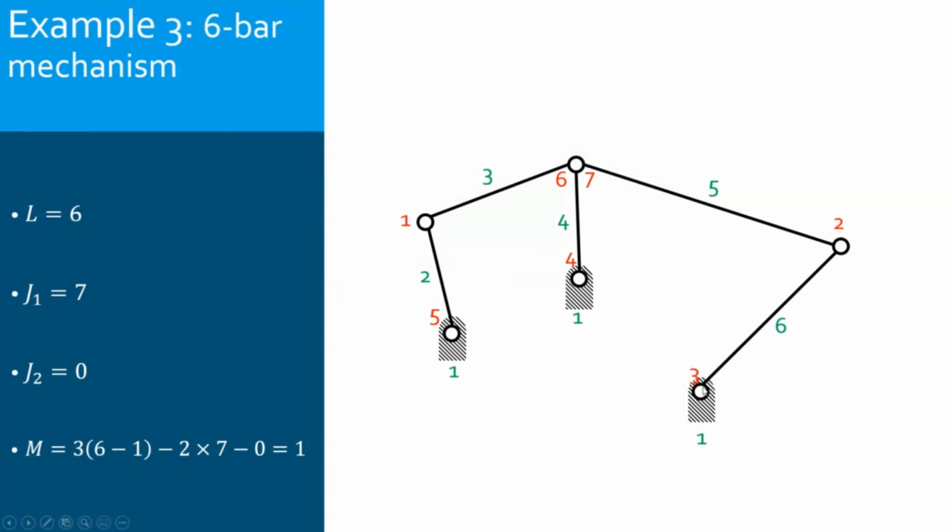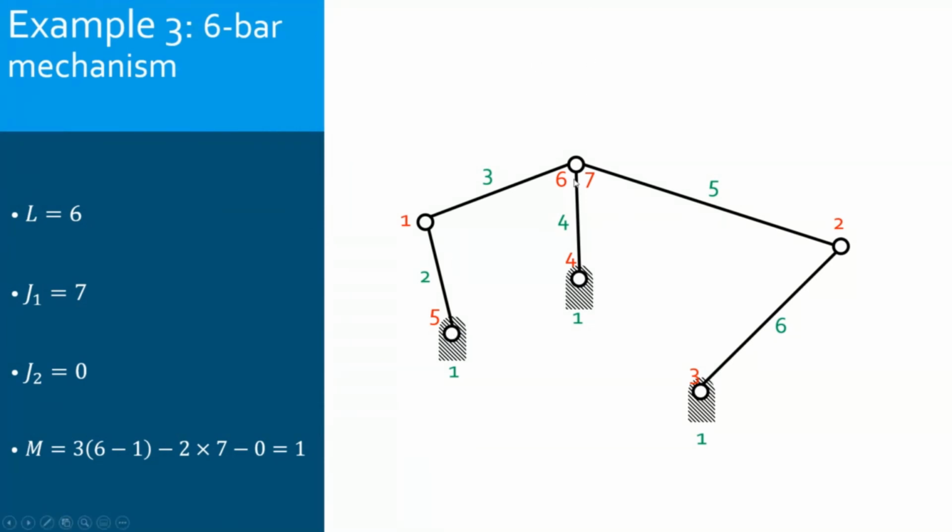I will have 1 pin joint between the ground and 6. I have 1 pin joint between 1 and 4. And the 5th one connects the ground with link 2. So these are the 5 pin joints of order 1. They connect only 2 links. So I consider each one as only 1.